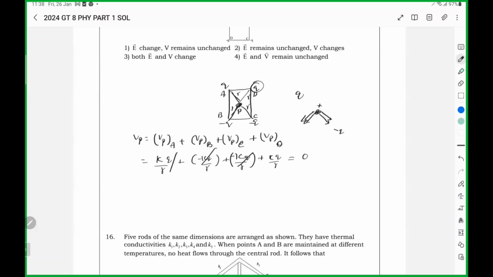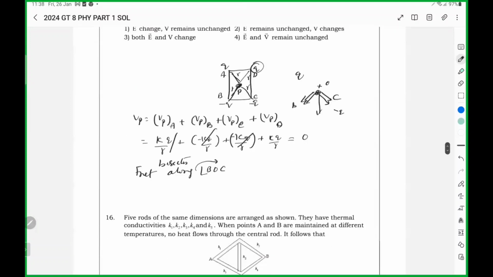So net force will be along the bisector of angle BOC. That is the net electric field.